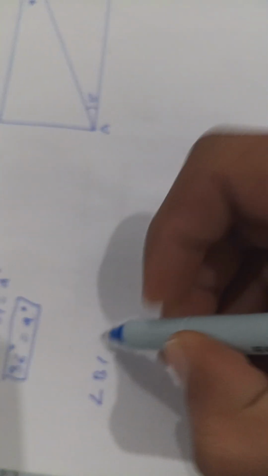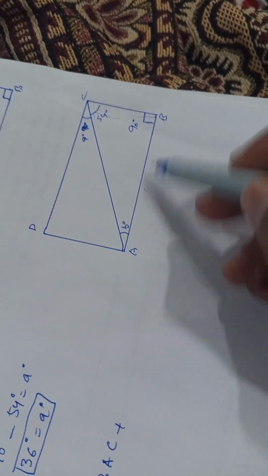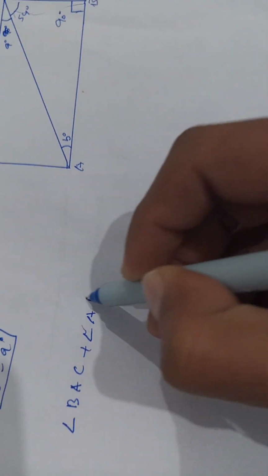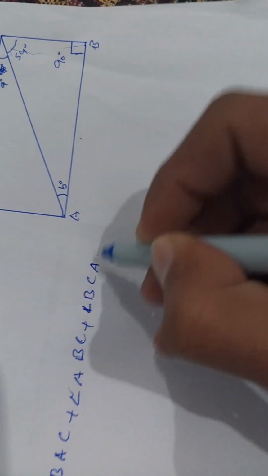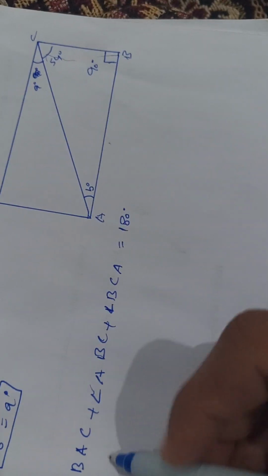Angle BAC plus another angle ABC, right? Angle ABC plus another angle BCA, that is angle BCA equals 180 degree, because we have to mention the reason.